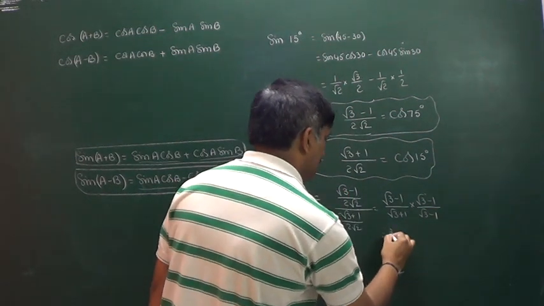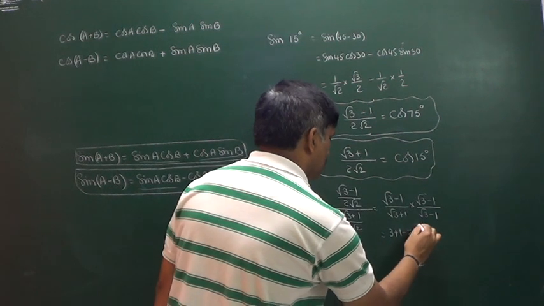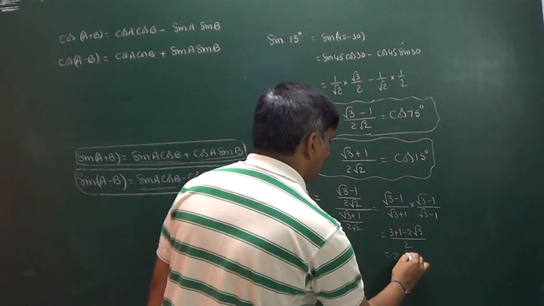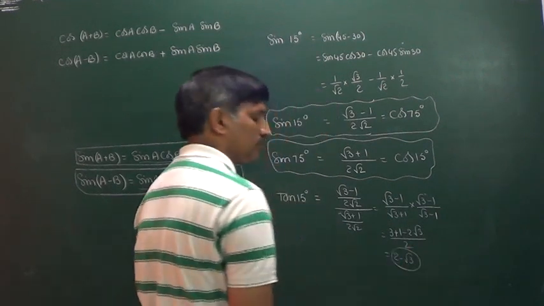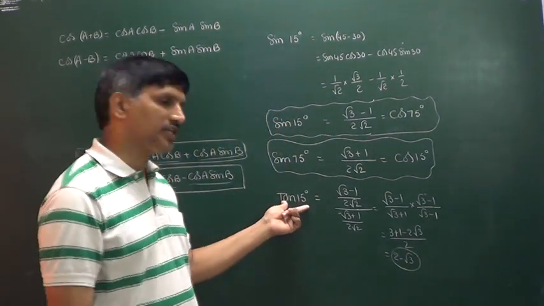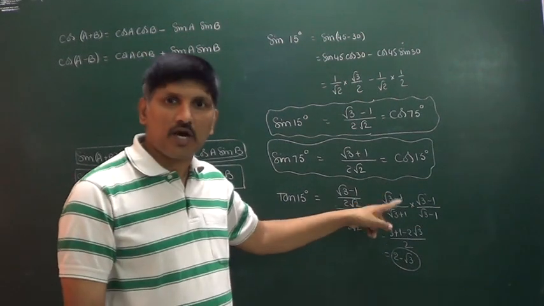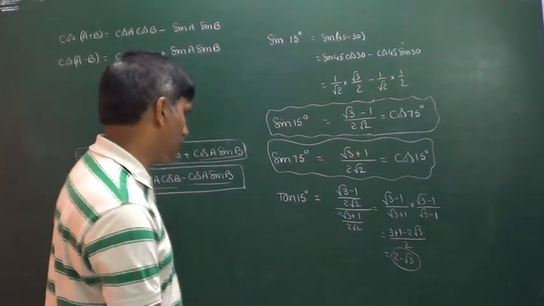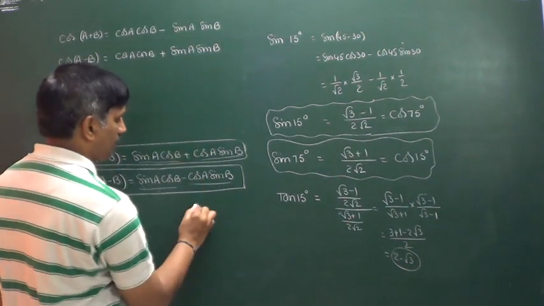That gives (3 plus 1 minus 2 root 3) divided by 2, which equals 2 minus root 3. So tan 15 degrees is (root 3 minus 1) by (root 3 plus 1), or we can remember this as 2 minus root 3.